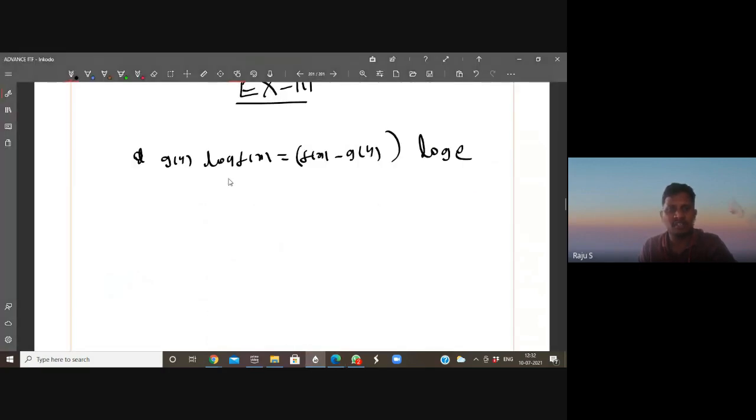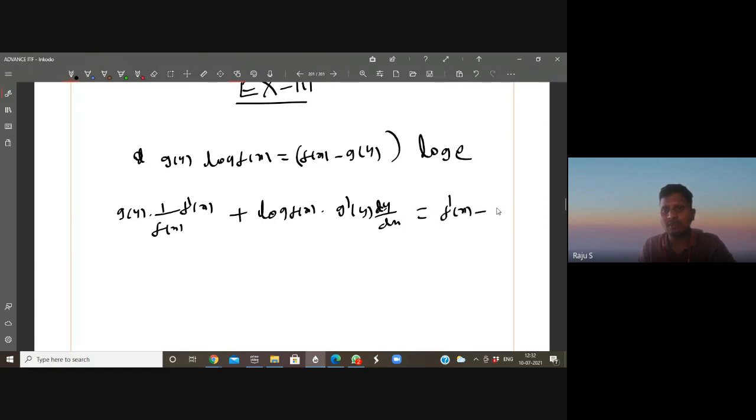Now you can differentiate. When I differentiate, here g of y into 1 by f of x into f dash of x, plus log f of x into g of y derivative, which is g dash of y, into y derivative dy by dx, is equal to f dash of x, x derivative 1, into g dash of y dy by dx.